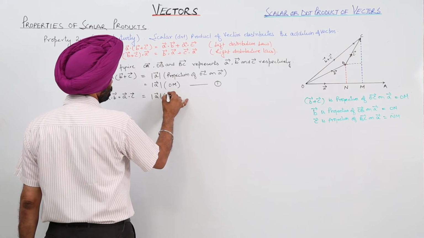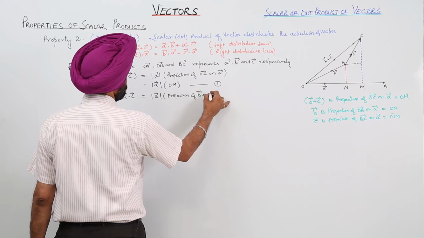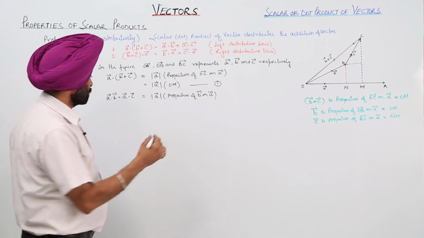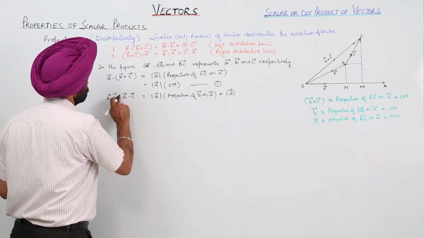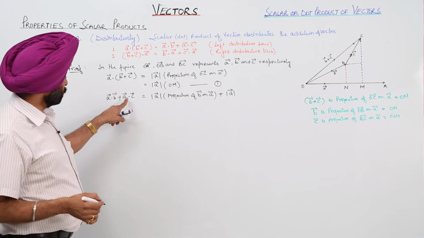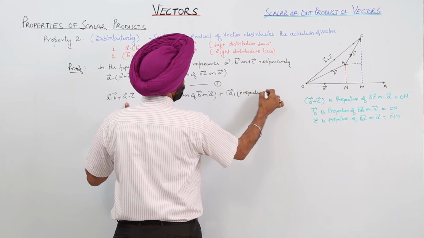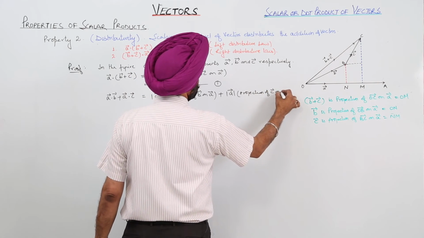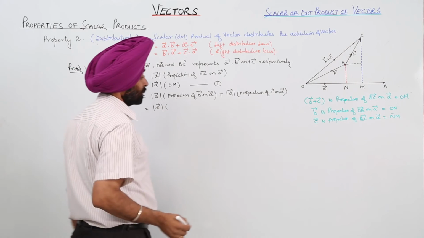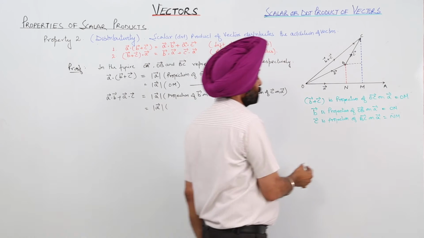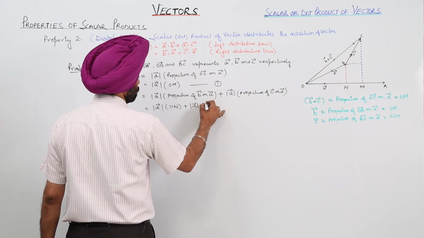Magnitude of vector A with projection of vector B on A, plus magnitude of vector A with projection of vector C on vector A. Now this is equal to magnitude of A with projection of B on A, which is ON, plus NM.